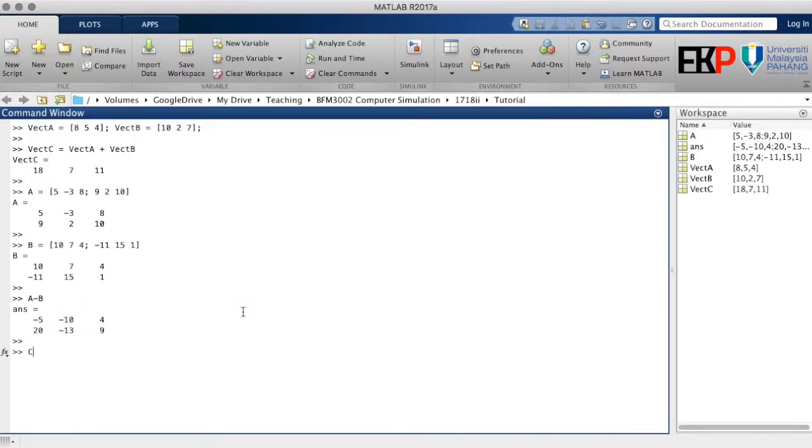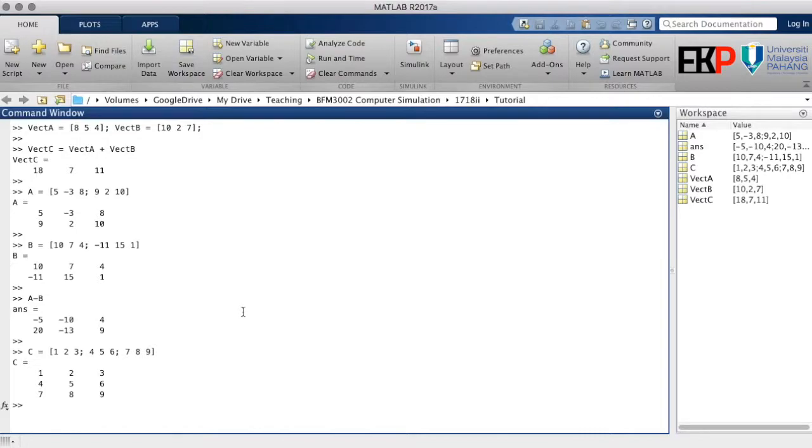Let's say we have a matrix C, for example, that has another dimension. Let's say I have 1, 2, 3, 4, 5, 6, another row 7, 8, 9. Okay, so this is our matrix C. This is a 3 by 3.